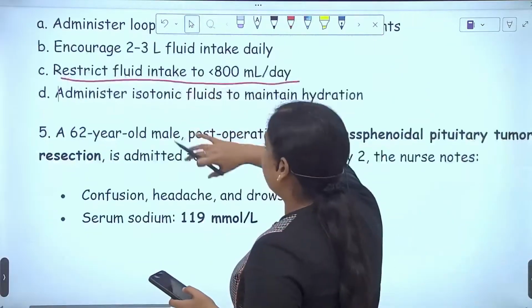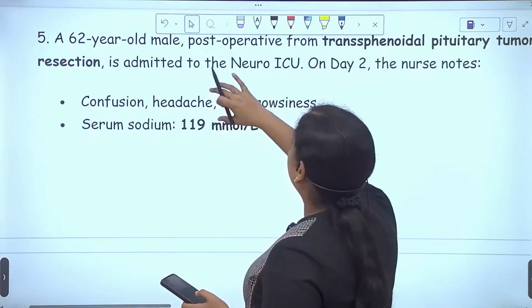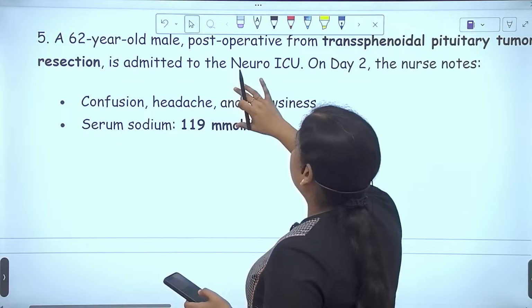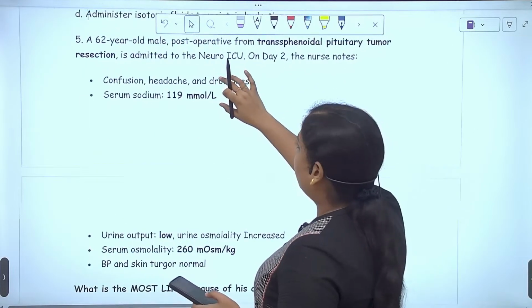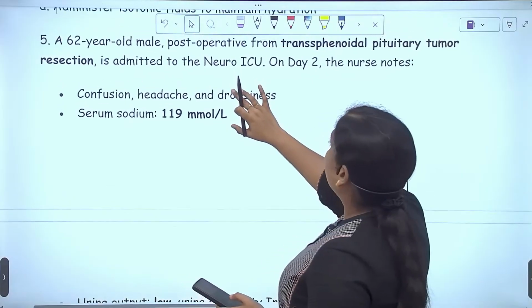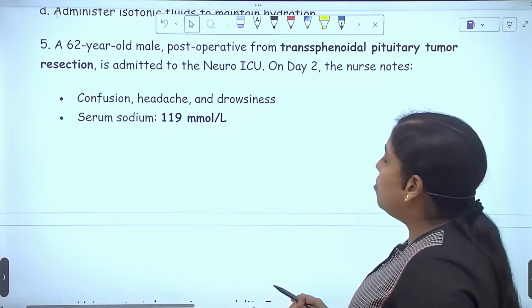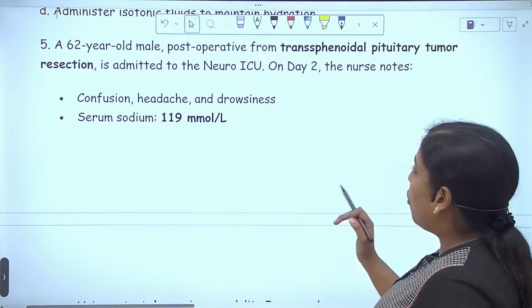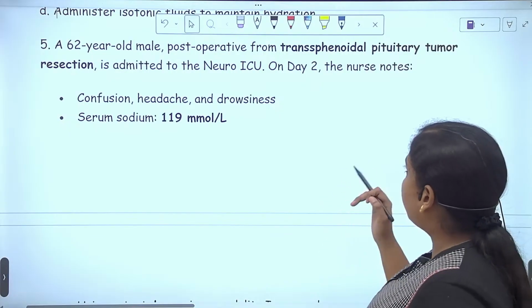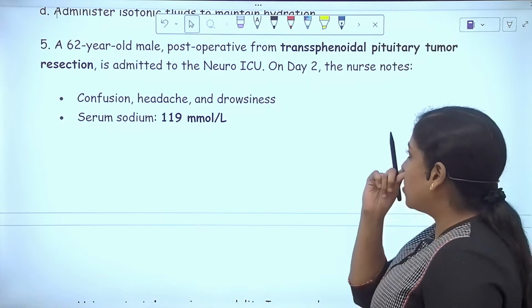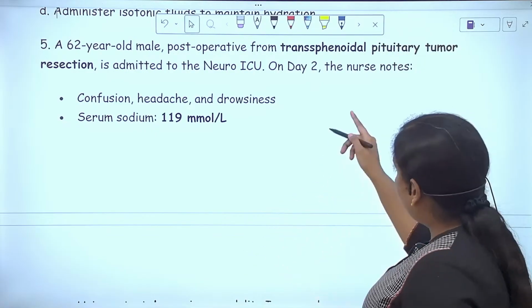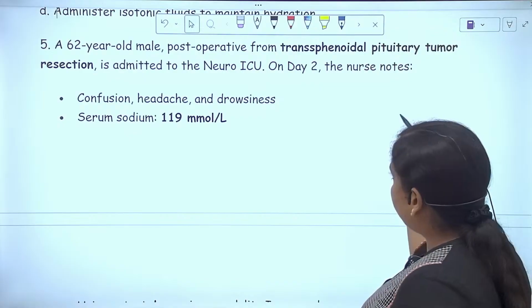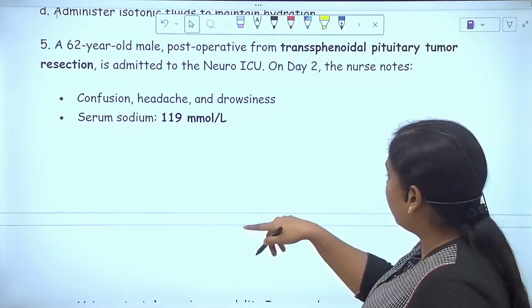Now the next question. Yes, it's an application based question. A 62 year old male post-operative from transsphenoidal pituitary tumor. So now you should come to a conclusion. Because of transsphenoidal pituitary tumor resection, he is admitted to the neuro ICU.